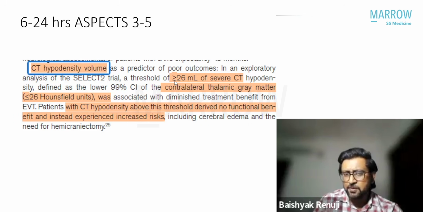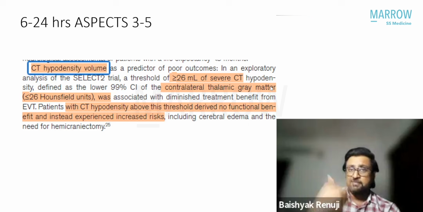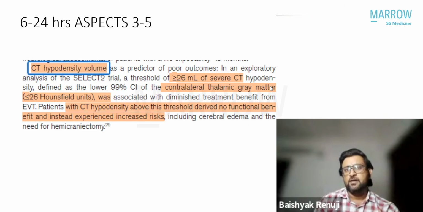Practically, how to judge this Hounsfield is by the contralateral thalamic gray matter. Previously we discussed contralateral white matter. Darker than that is a contraindication; we can call it extensive hypodensity. So here it is more than 26 ml and less than 26 Hounsfield, or contralateral thalamic gray matter equivalency.